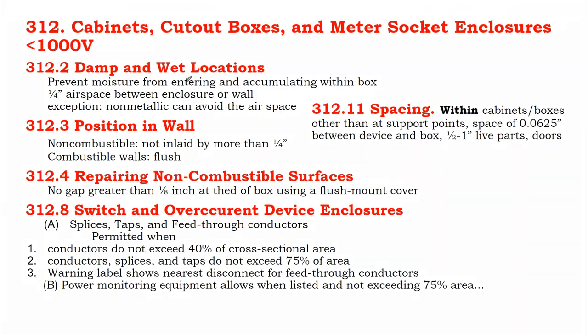Okay, so we started yesterday talking about damp and wet locations. There's actual requirements on metal versus non-metal on whether or not you can just drill the backside of a box directly into the wall. So a lot of professional listed metal equipment will have drill holes that are offset from the back of the box slightly to create that air gap.